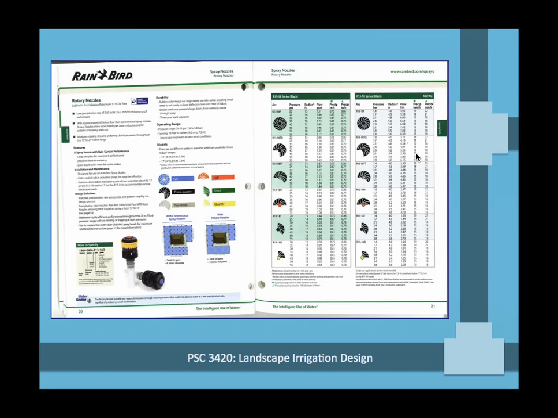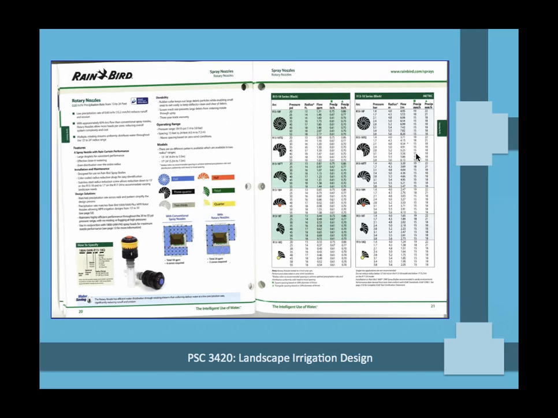Now, what I've done is scanned some images from, obviously, this is a Rainbird catalog, and these product catalogs are available from the manufacturers. You can sometimes get them at irrigation distribution stores, but I think it's also important to note that you can find every single bit of this information online as well.